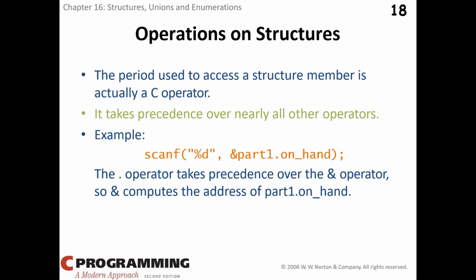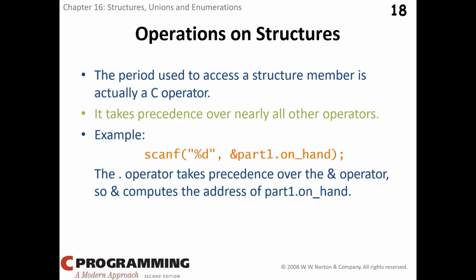In this example, we use scanf to read an integer value and store it in the onHand member of the part1 structure variable, and the ampersand operator is used to compute the address of part1.onHand, which is then passed to scanf as the argument for storing the input value. It's important to note that the dot operator takes precedence over the ampersand operator.